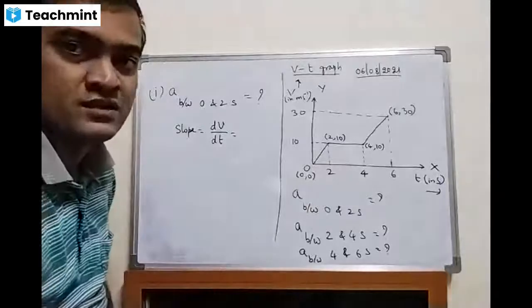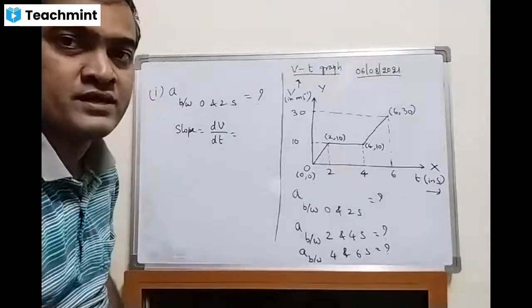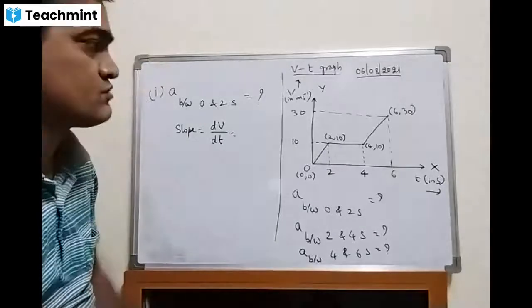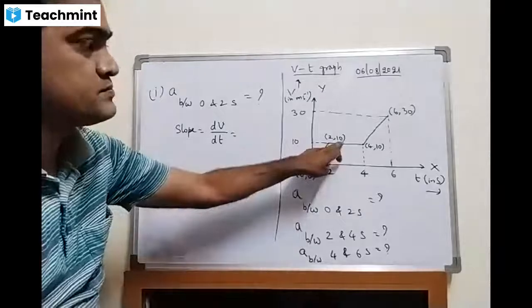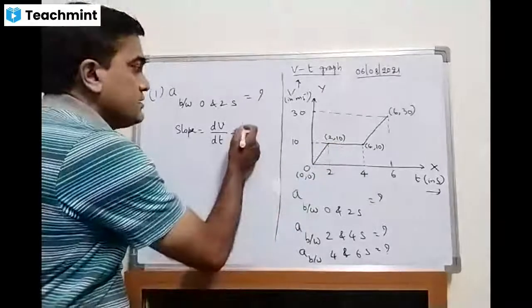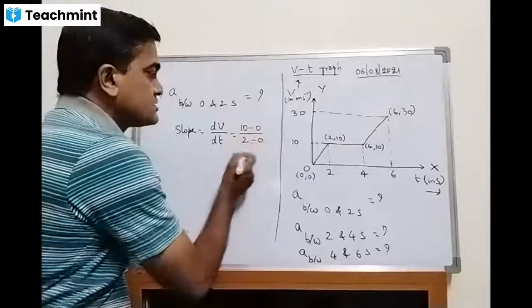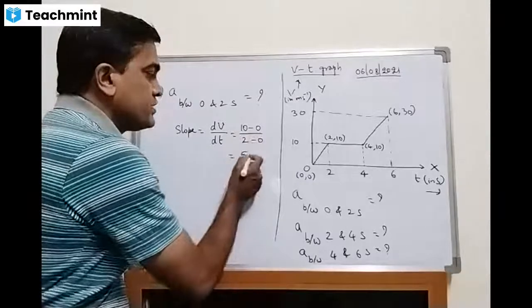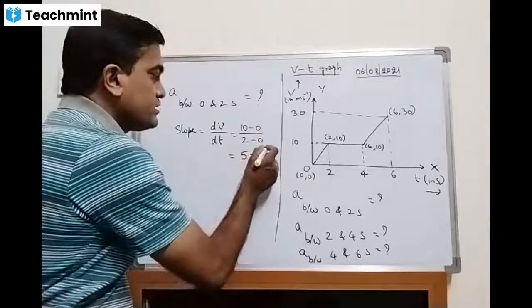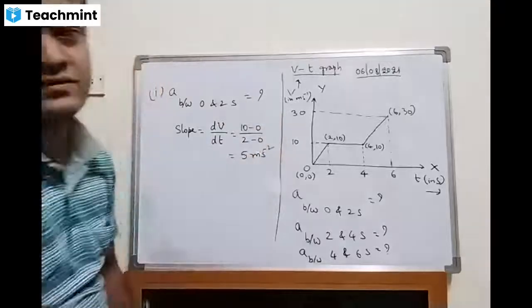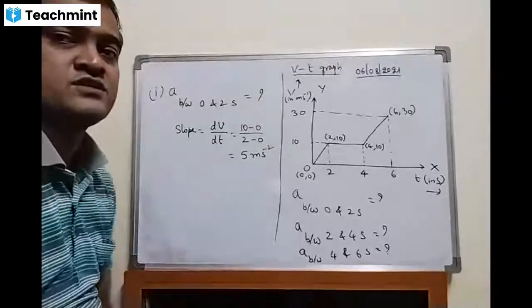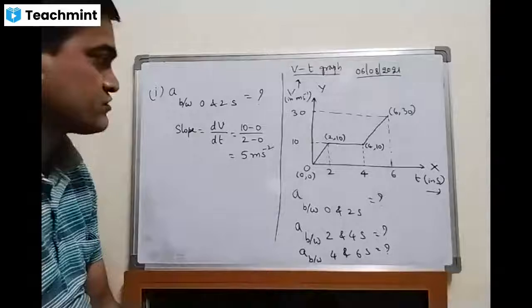The formula in general is y2 minus y1 by x2 minus x1, which is 10 minus 0 upon 2 minus 0, so 5. The unit of acceleration: acceleration is 5 meter per second square.